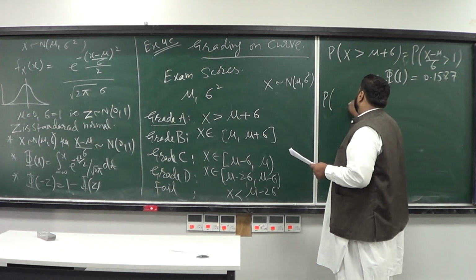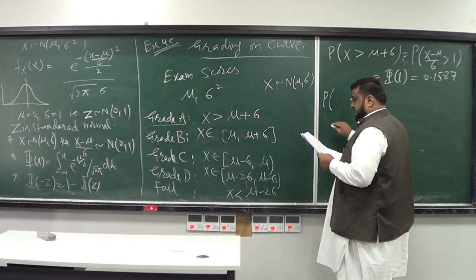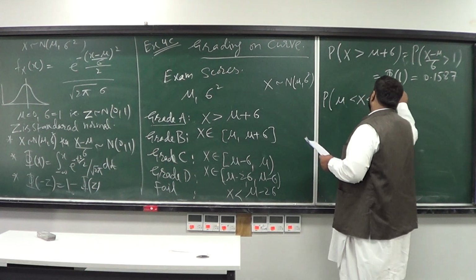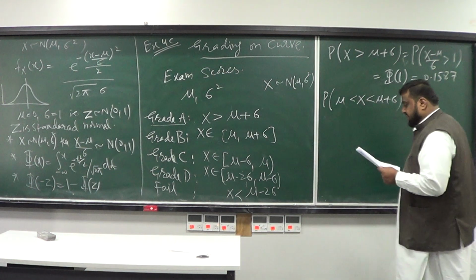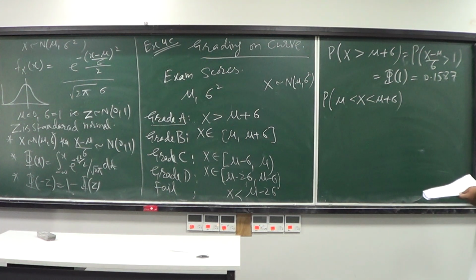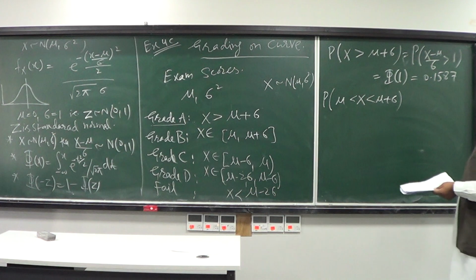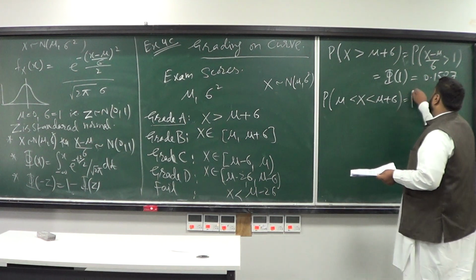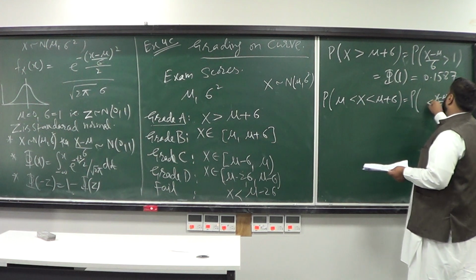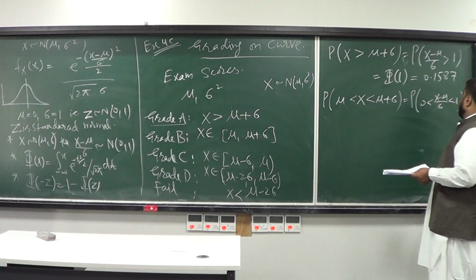How about those who get the B grade? So mu to mu plus sigma, say. We can also simplify this by subtracting mu and dividing by sigma. So I'm going to get (X minus mu) by sigma between 0 and 1.